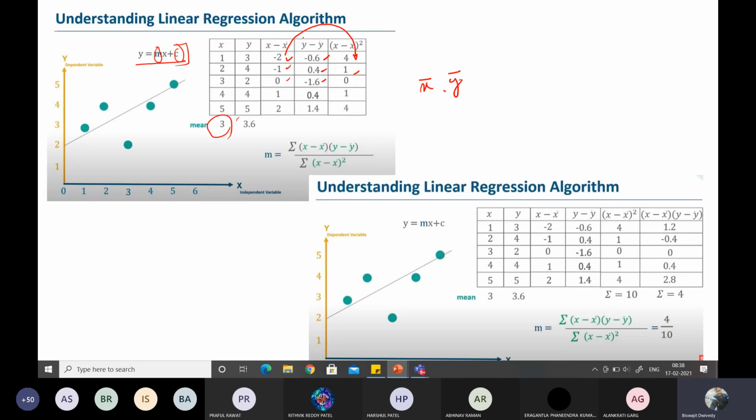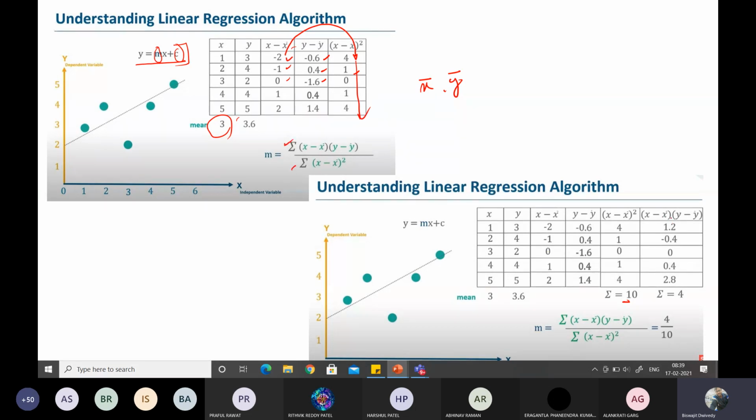So now you can take the summation of this quantity directly, but for the numerator you have to multiply these two factors, and after that you take the summation. That step is written here. The summation of x minus x bar square is equal to 10. Directly we can add all those quantities, because you can see summation signs are there.